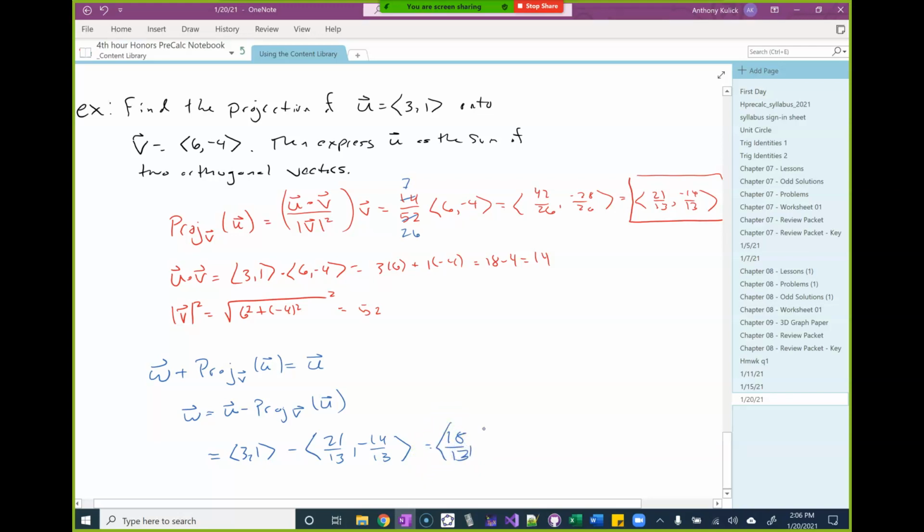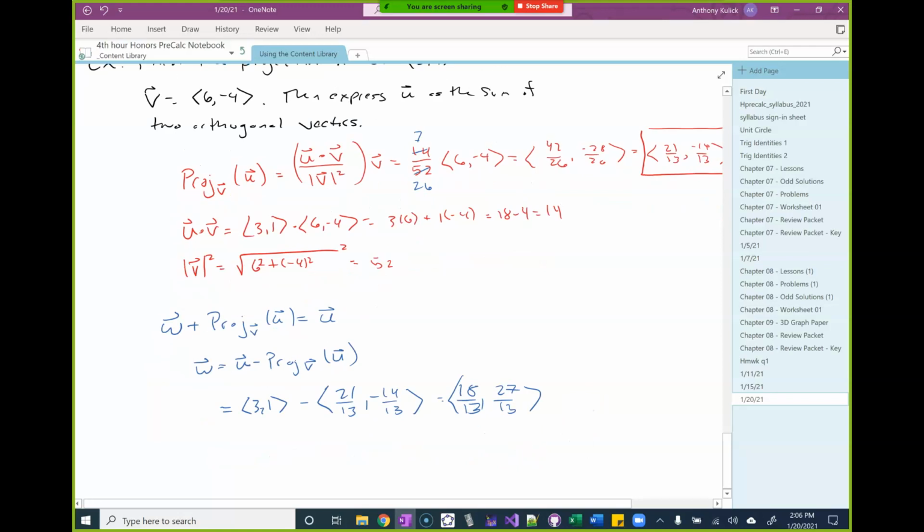So I can say then U is that, my projection of U onto V, plus that vector W.